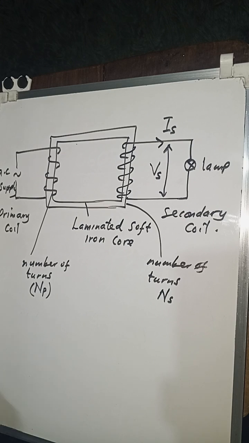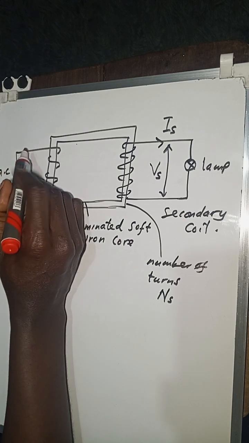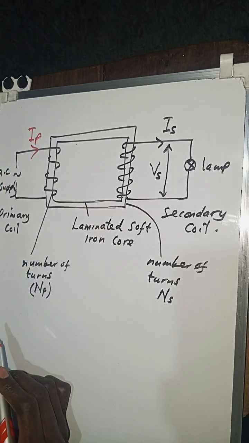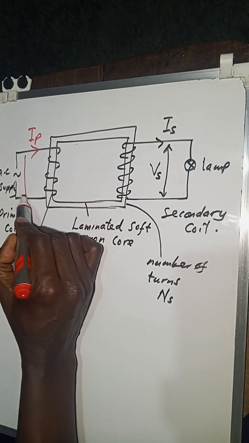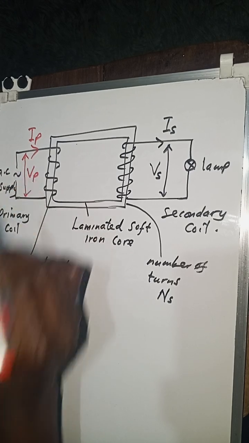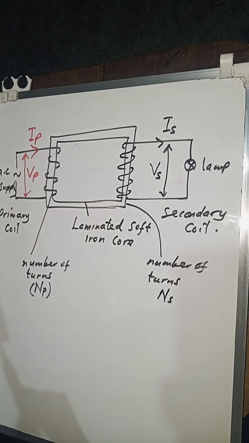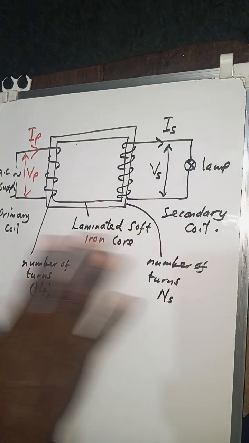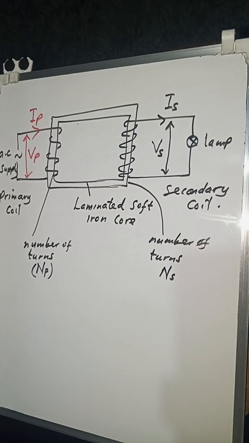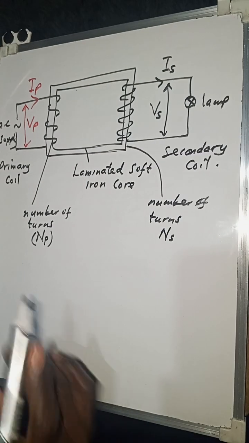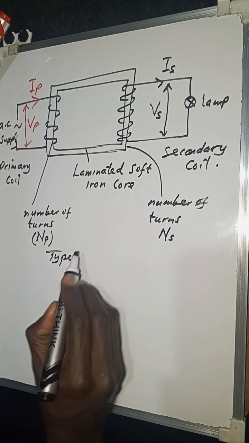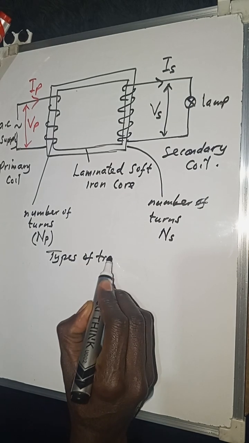On the other hand, the current that will pass through the primary coil, we call current primary, while the voltage that will pass through the primary coil, we call voltage primary. Those are concepts that you need to remember about a transformer.